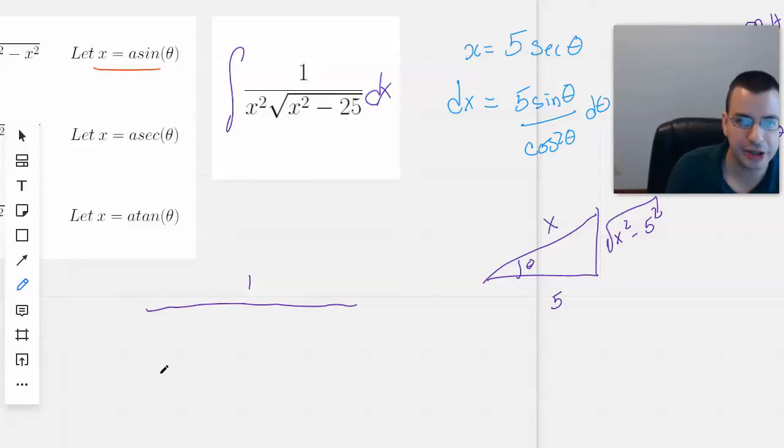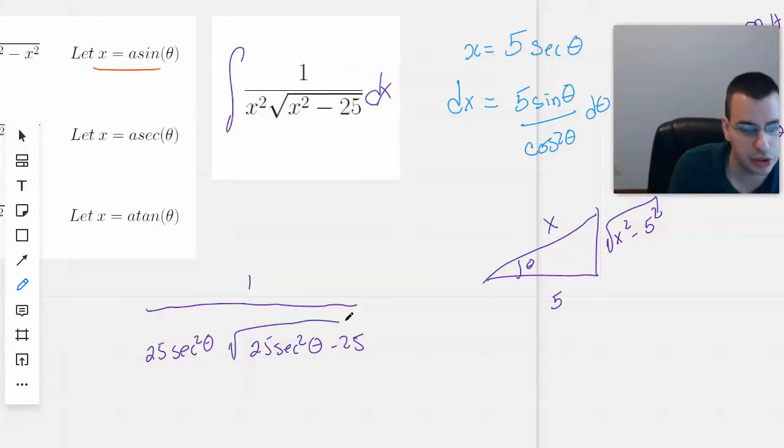Big line. So x squared would be 25 secant squared of theta. 25 secant squared theta minus 25, square rooted.